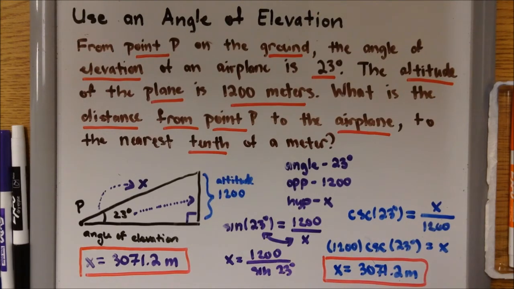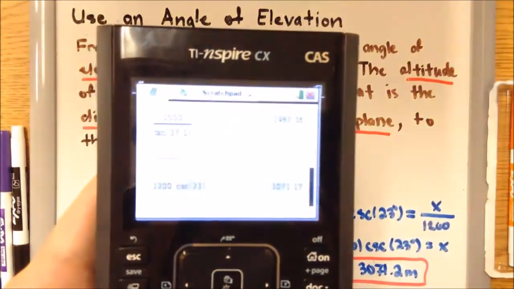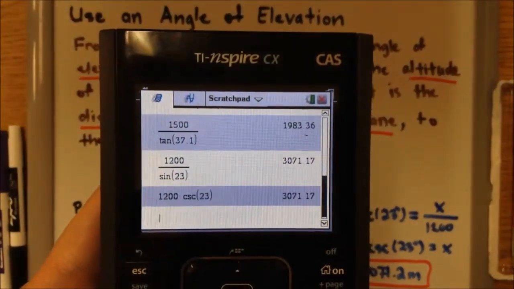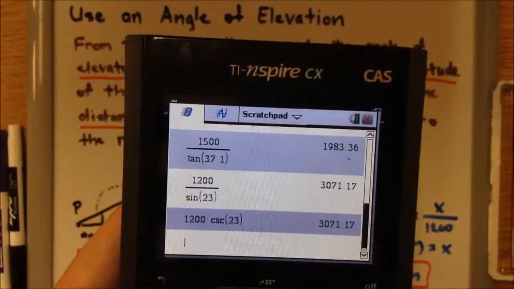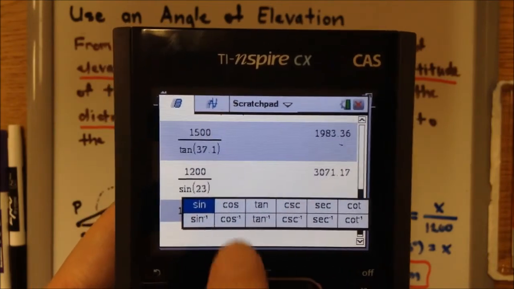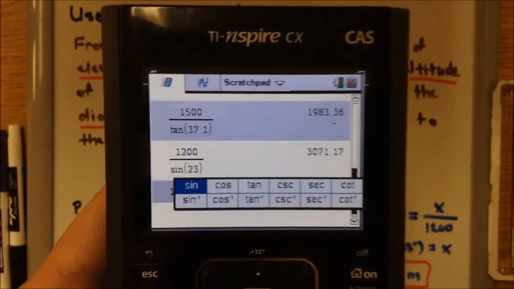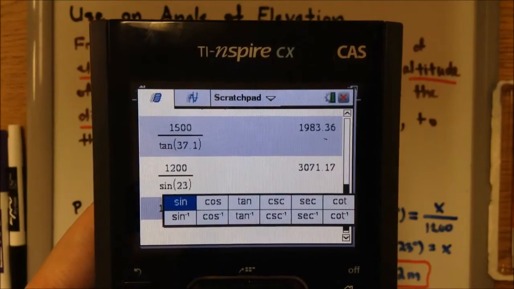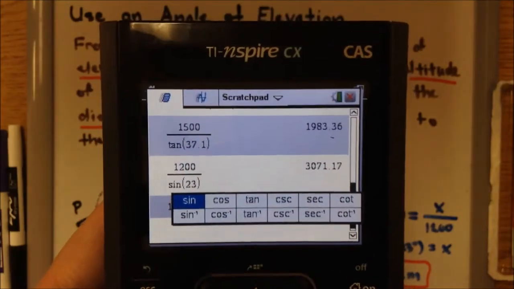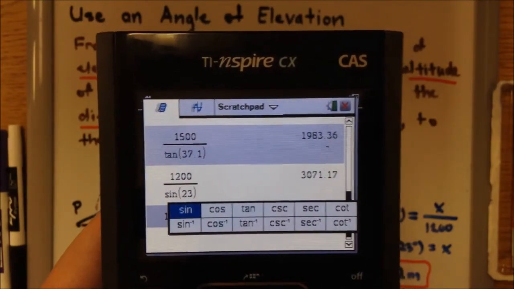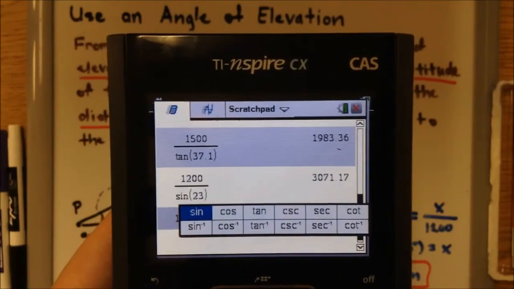Now, there should be a little note for any type of problems using trig functions and finding missing sides or missing angles. This calculator, the TI-Nspire CX CAS, when you hit trig, has all six functions. Now the TI-83s, 84s, and scientific calculators are going to be different.